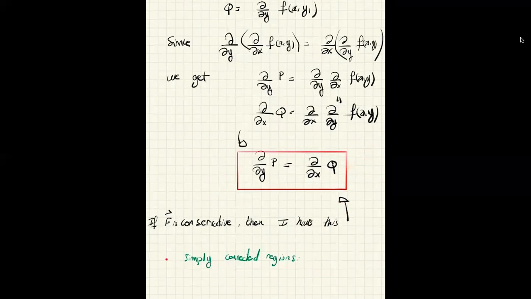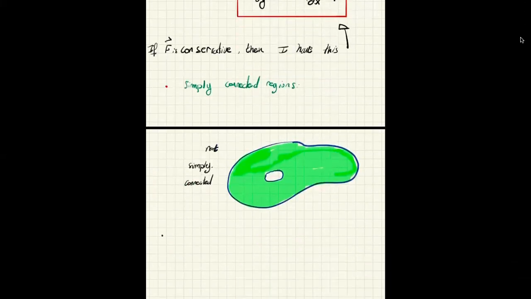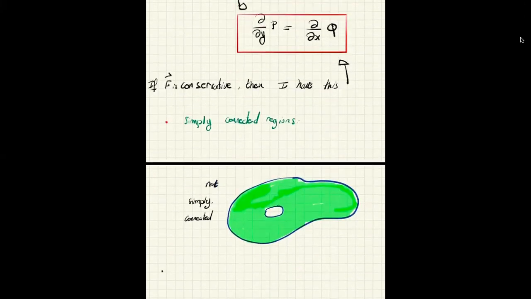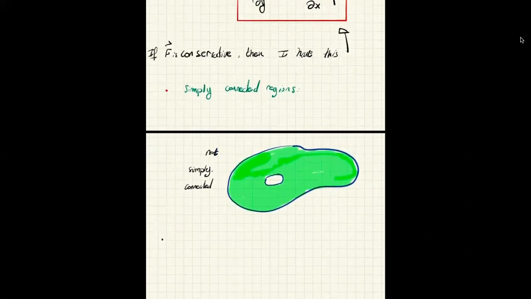So it's a necessary condition for a vector field to be conservative, but is it sufficient? Which means that if I have it, can I conclude that it's conservative? The answer is no, and there is an exercise that says that this is true, but it's not conservative.